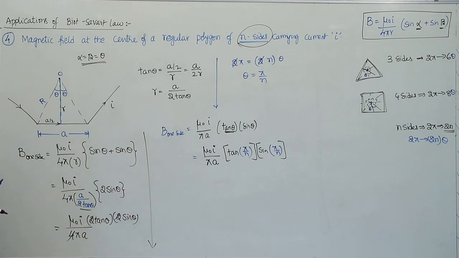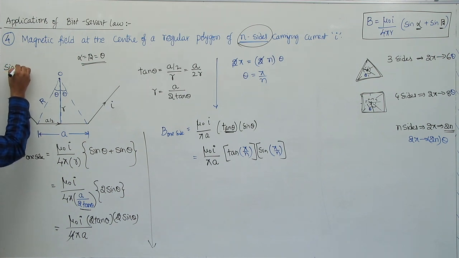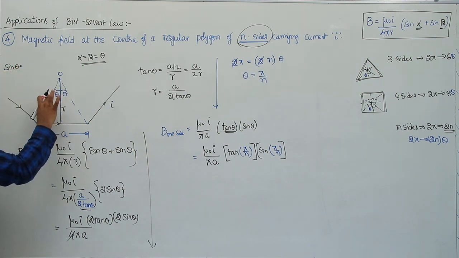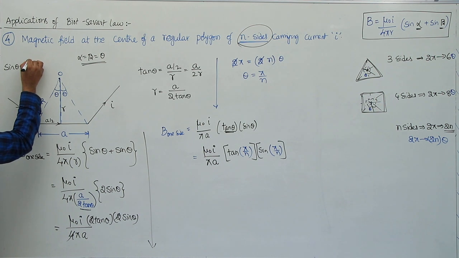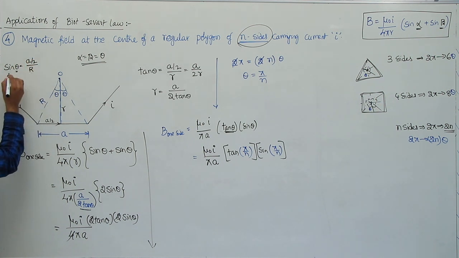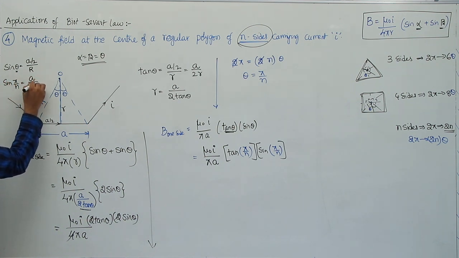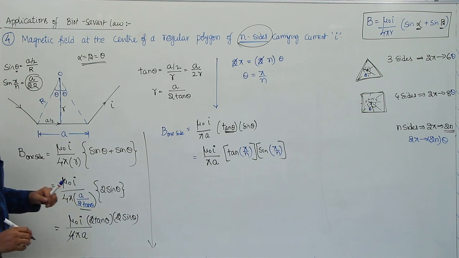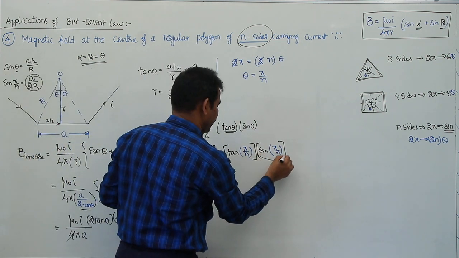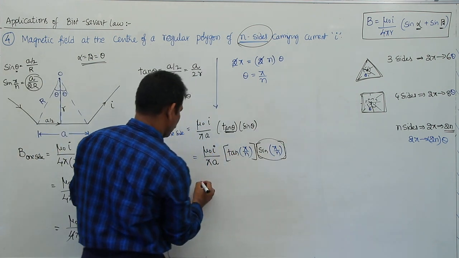But what is the sin theta value here? From the same triangle, you can write sin theta as opposite side by hypotenuse, that is a by 2 by r. But theta is also pi by n, so sin pi by n is equal to a by 2r. So you can replace this sin pi by n with a by 2r.